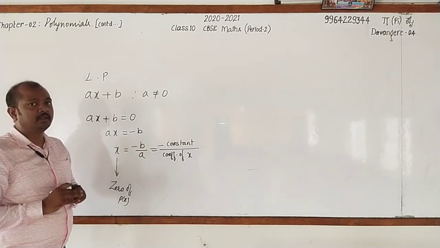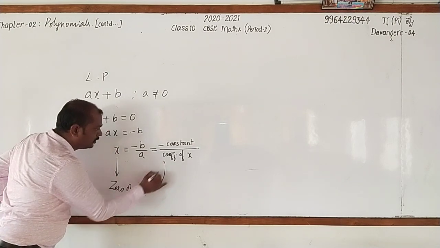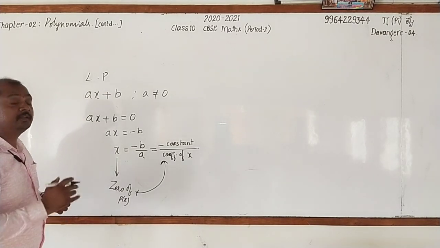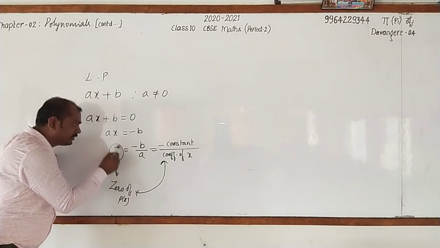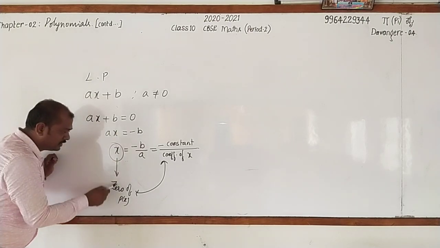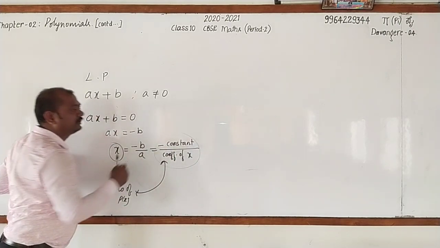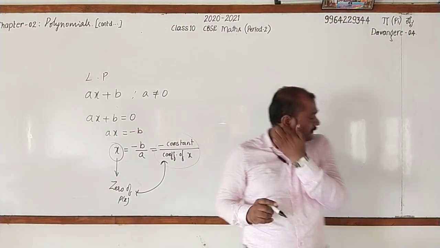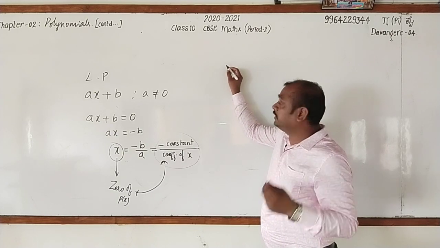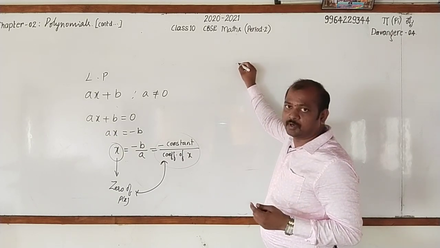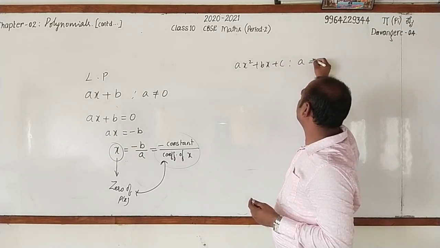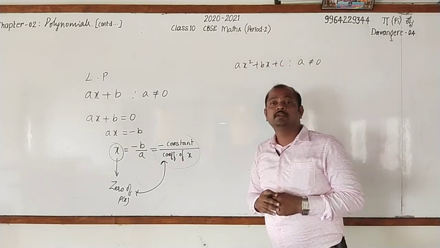Got it? Then what do you say with respect to these two? You can make a heading. There is a relationship between what? Zero and coefficient, right? Even when you go for taking the quadratic polynomial ax square plus bx plus c, where a is not equal to 0, what are its zeros?